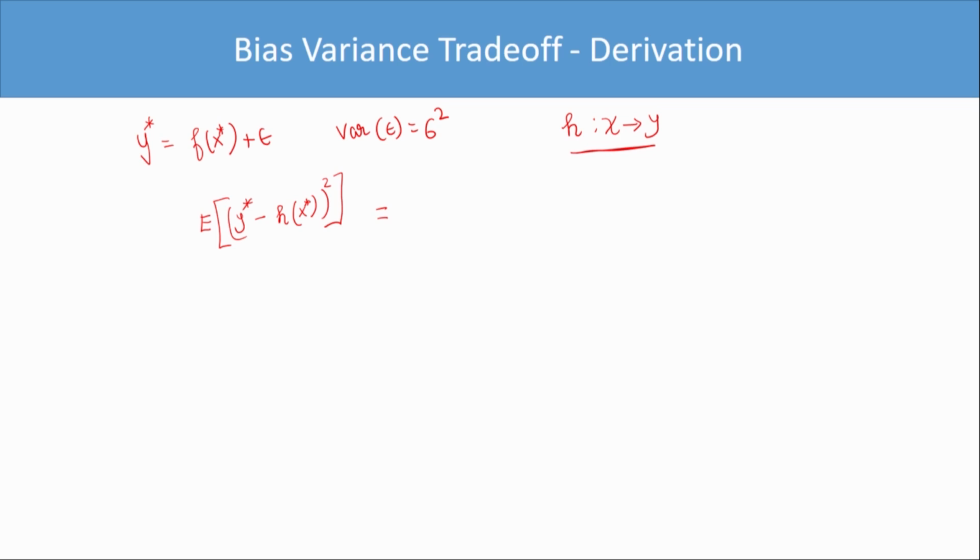So what can we do? Let's say we split this as we did earlier. So this becomes the expectation of y star squared plus h of x star squared. A small thing to keep in mind here is what this expectation is over.